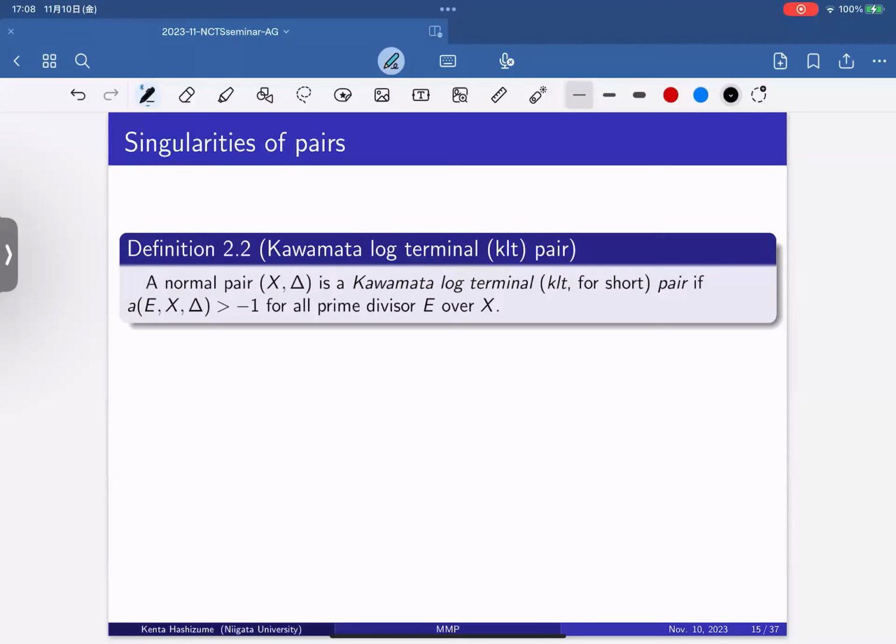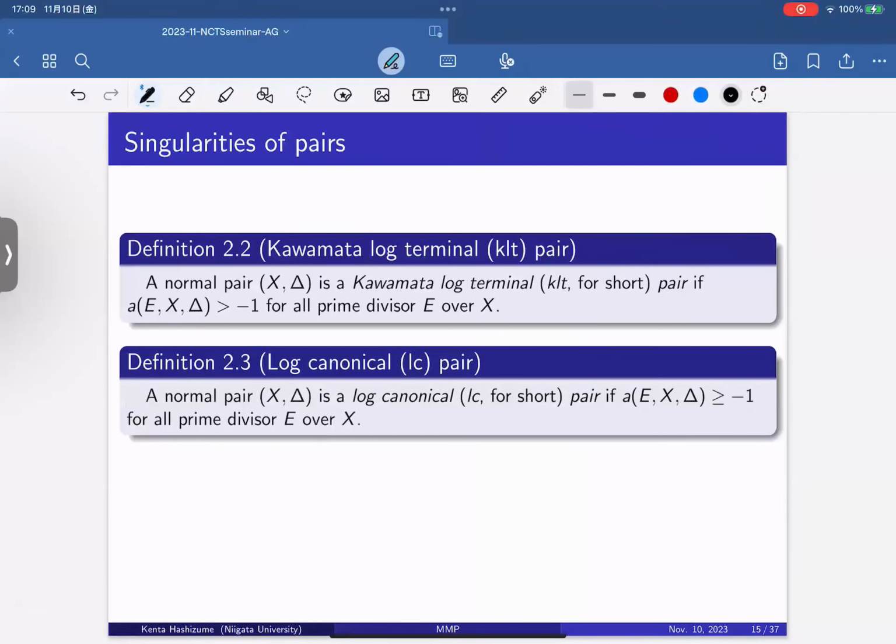Okay, a normal pair is called a Kawamata log terminal pair, or KLT pair for short, if the discrepancy is strictly greater than -1 for all prime divisors E. And a normal pair is called a log canonical pair, or LC pair, if the discrepancy is greater than or equal to -1 for all E. By definition, if (X, delta) is a KLT pair, then it is an LC pair.